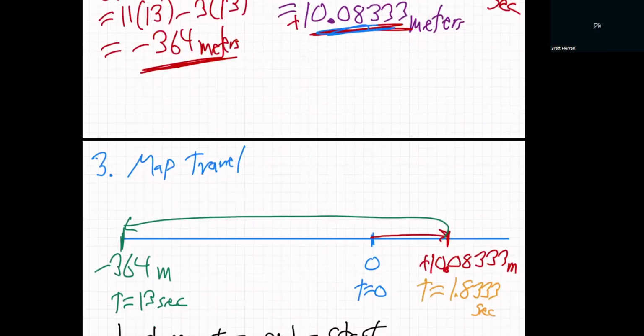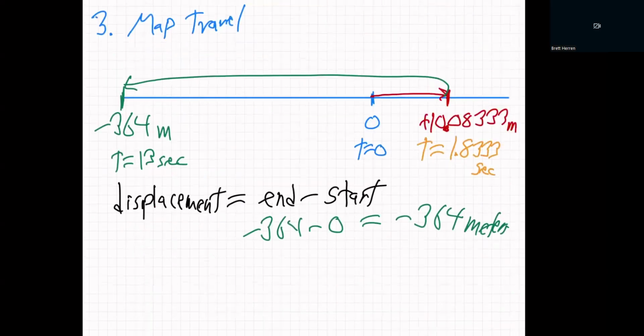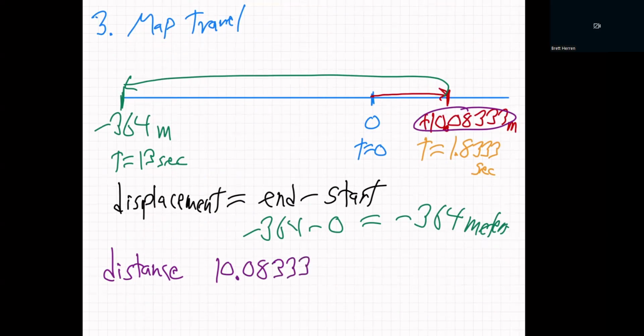Now the distance, what's the total distance traveled? Well, that's a little more subtle. Distance traveled, well, we know it went 10.08333 to the right, and then it went from here to here.